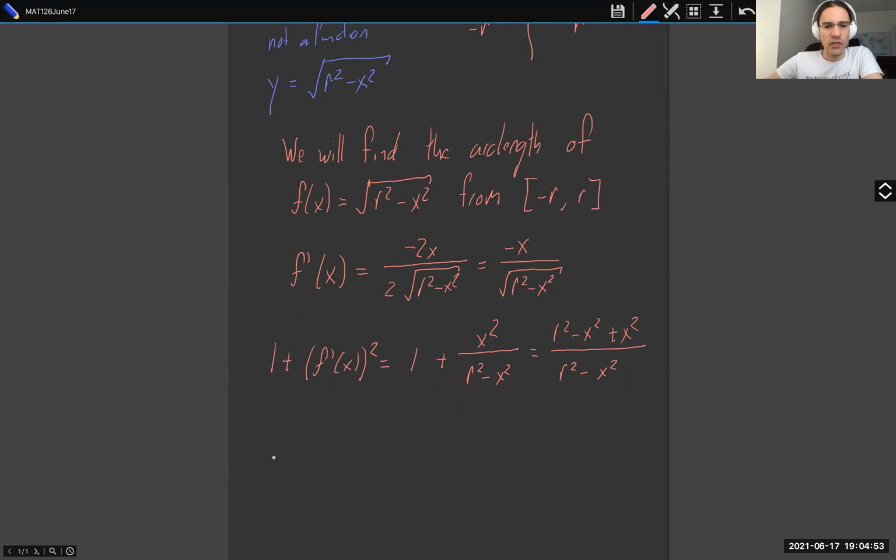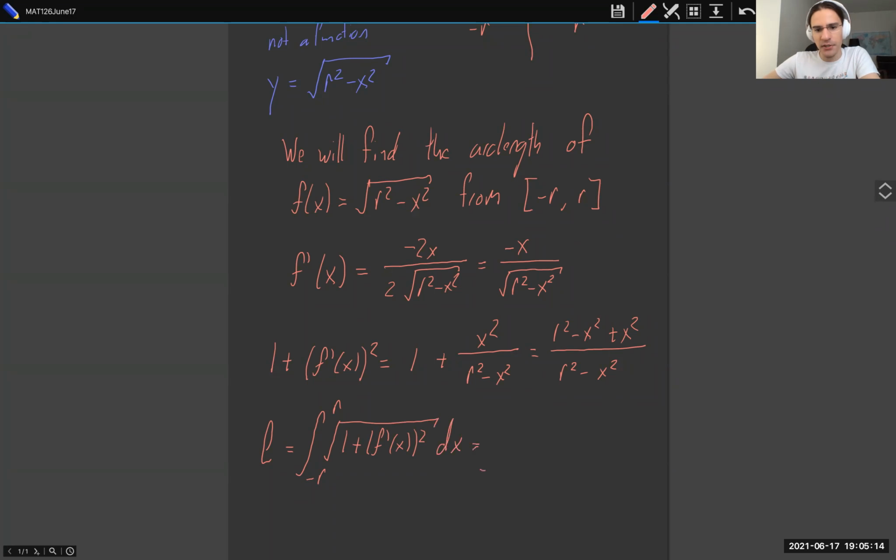So then the length is equal to the integral from negative r to r of the square root of 1 plus f prime of x squared dx.